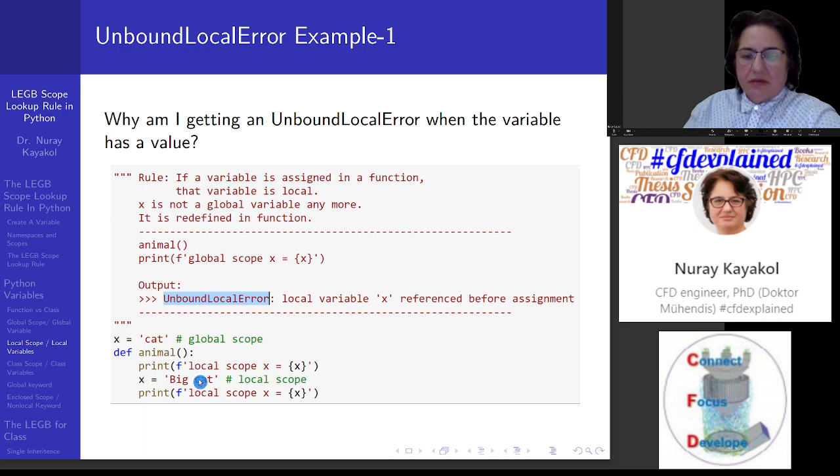So x is equal to big cat and then writing another print statement. It is logical, isn't it? But if you type this code and then call this function and then add this print statement, you will get unbound local error. It says local variable x referenced before assignment.